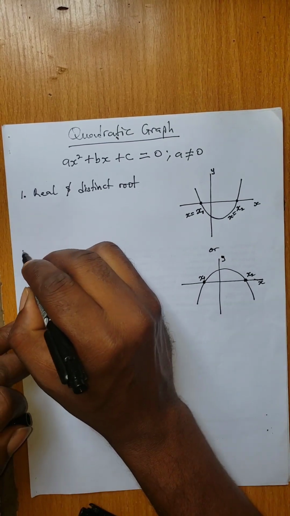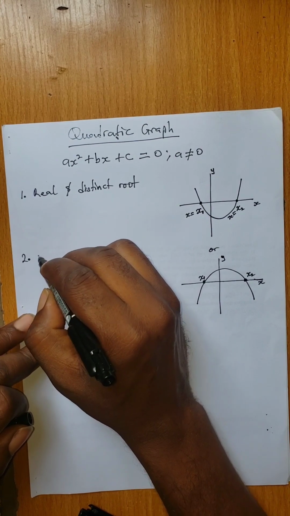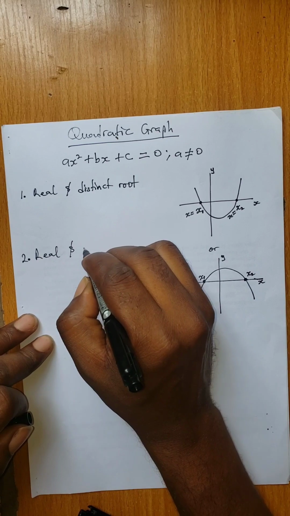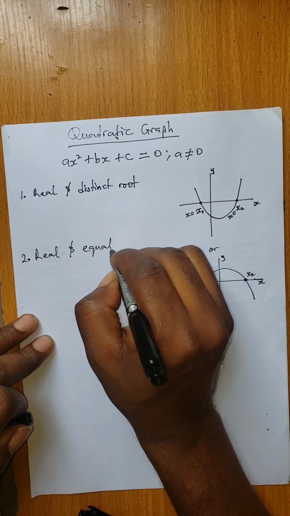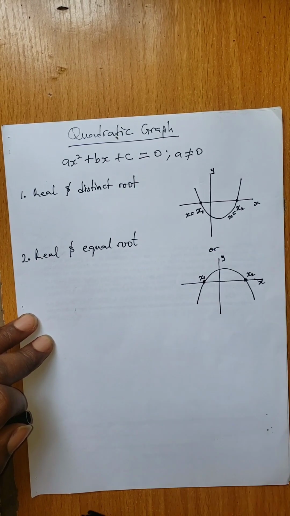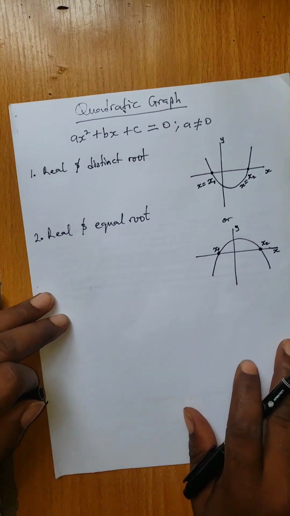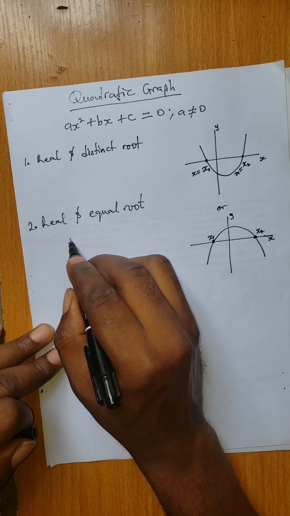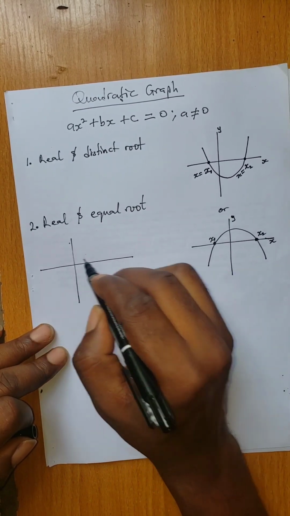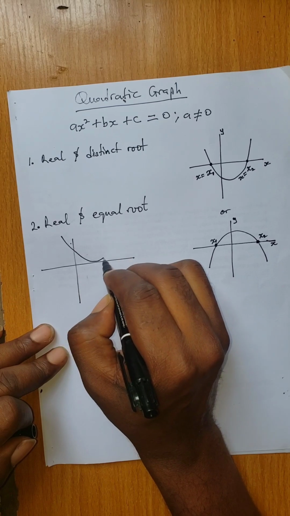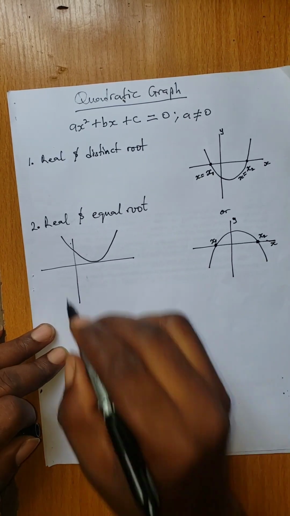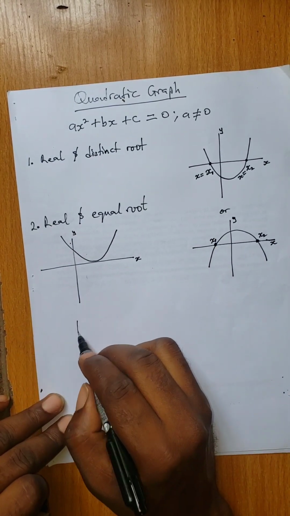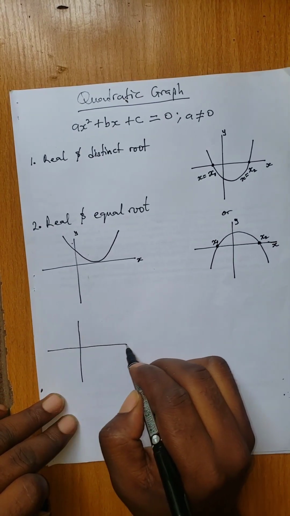The second type of root we expect to get is a real and equal root. A real and equal root will look in this form. You might have something of this nature. Okay, so this is your y-axis, this is your x-axis, or you might have something of this nature.